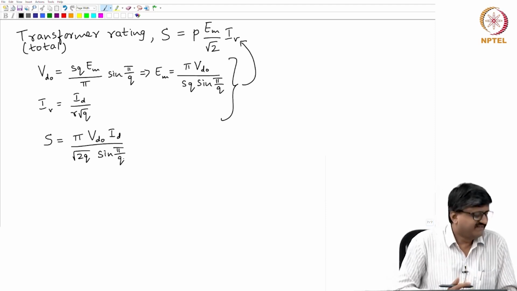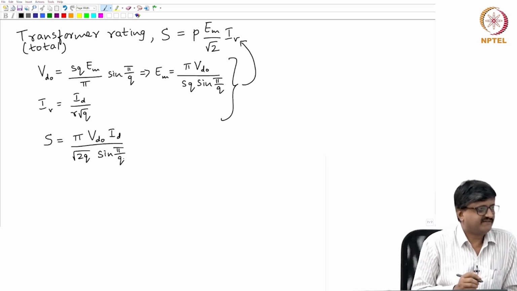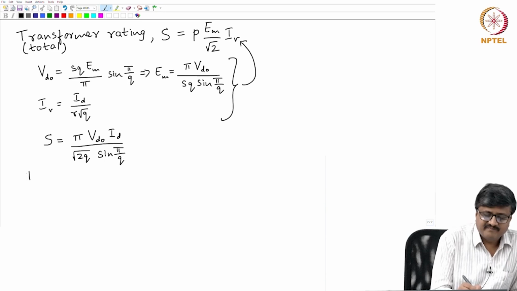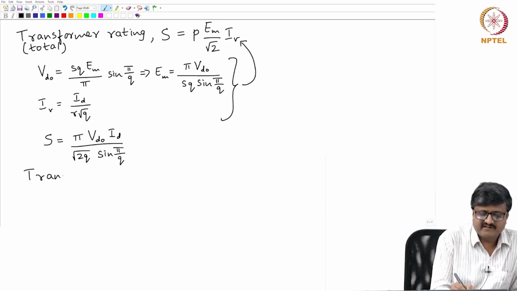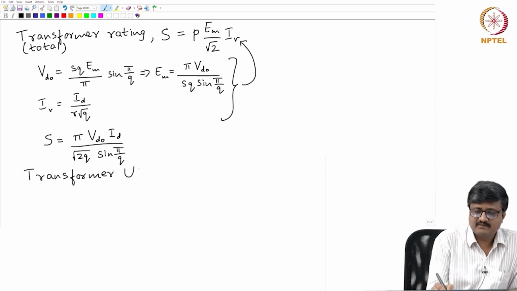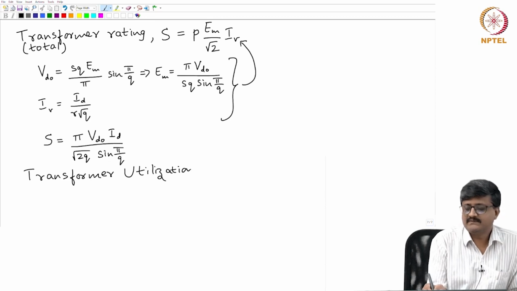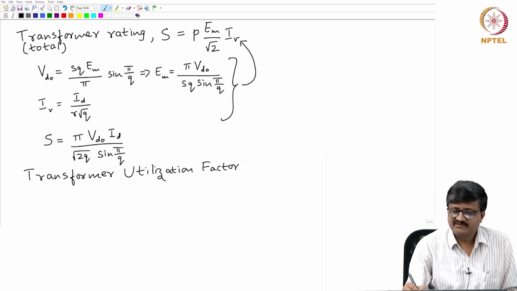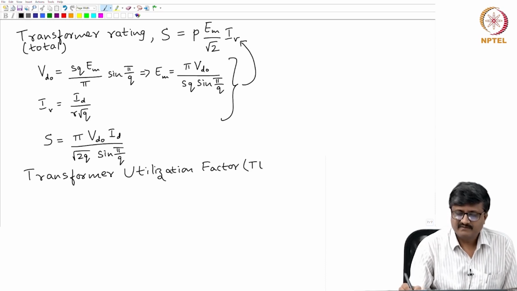Now, using this, we define one more figure of merit. We already defined one figure of merit, the valve utilization factor. The other figure of merit is the transformer utilization factor, abbreviated as TUF.